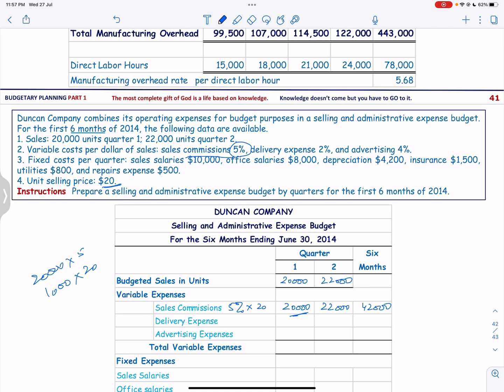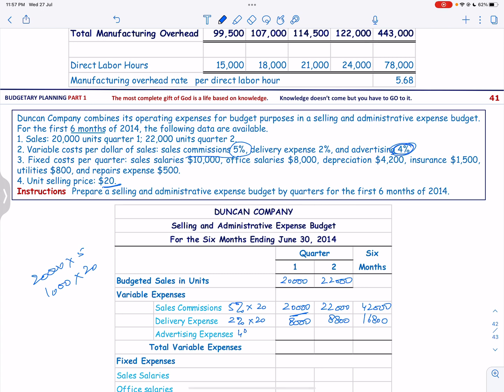Then we have delivery expense, and again the delivery expense is 2%. So 20,000 times 2% times selling price per unit, that is 20. So that makes 8,000 and 8,800, and the total will be 16,800. Then we have the advertising expense, and that is 4%.